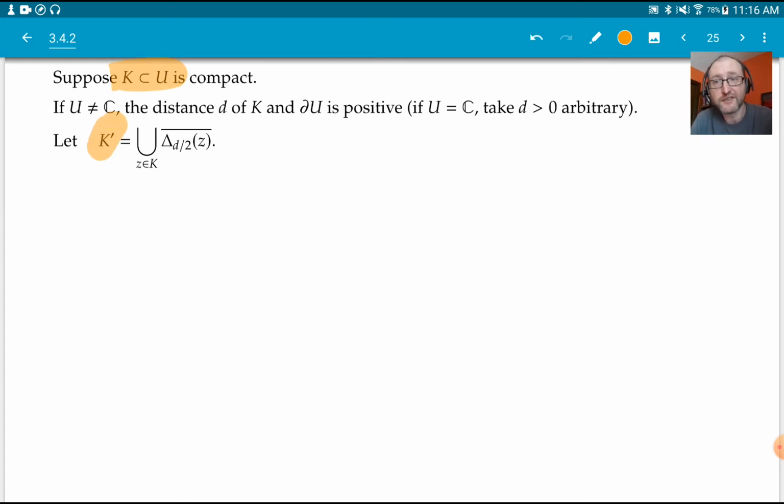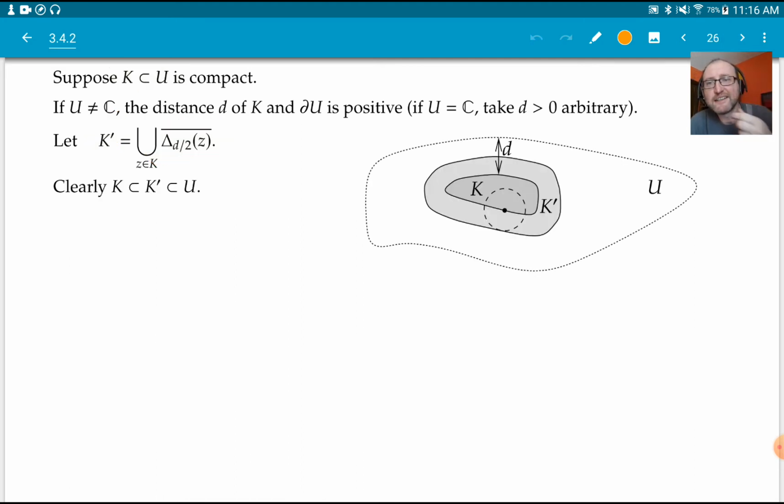We enlarge it to some K prime by basically taking the union of all the closed disks of radius half the distance to the boundary. So this K prime is clearly a subset of U, and it clearly contains K. This is sort of a typical picture; one of these disks is marked over here.